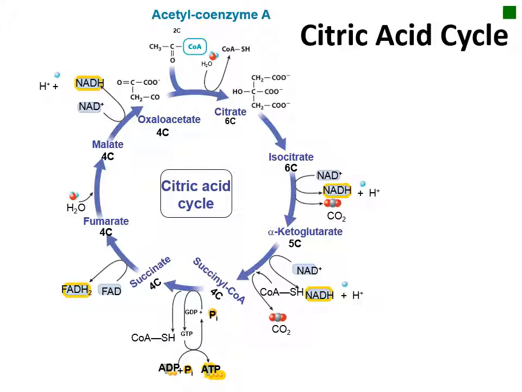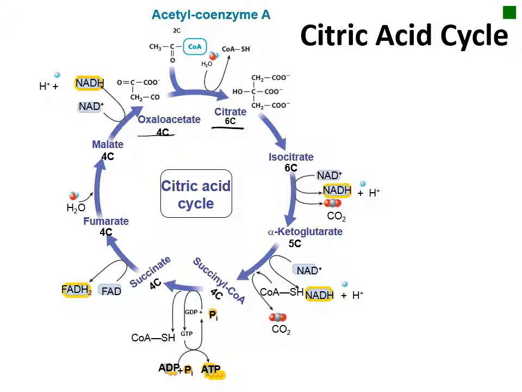Sometimes you will hear the citric acid cycle referred to as the Krebs cycle or the TCA cycle. During this stage of cellular respiration, the fuel molecules will be completely oxidized. First, the 2-carbon acetyl-CoA is joined to a 4-carbon oxaloacetate to form 6-carbon citrate. A number of steps then occur to regenerate the 4-carbon oxaloacetate, which is why this is called a cycle.